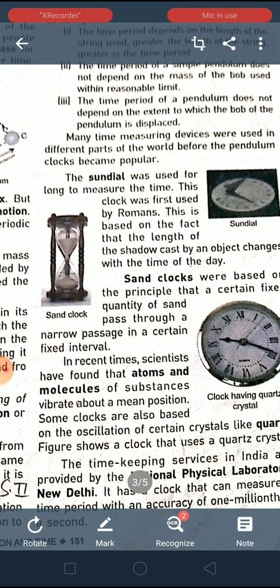By this way we can easily tell what time is going on. The timekeeping service in India is provided by the National Physical Laboratory, New Delhi, and it has a clock that can measure a time period with an accuracy of 1 millionth of a second.